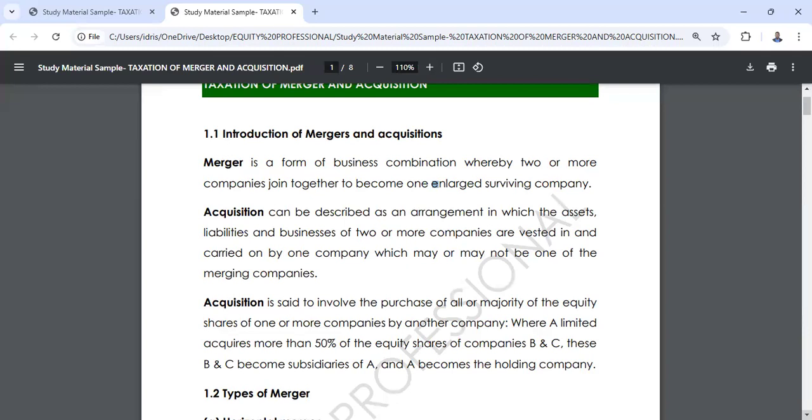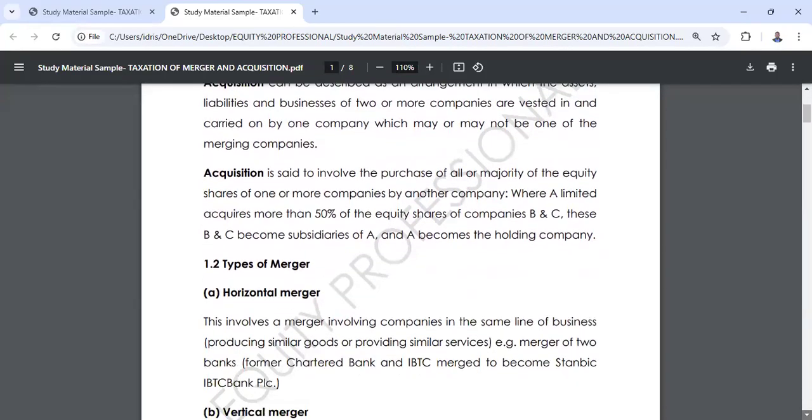A now acquires B Limited. That means B is going to cease operation, A will still continue. And after A acquires B, its name will not change. It will still be bearing A Limited. That is acquisition.